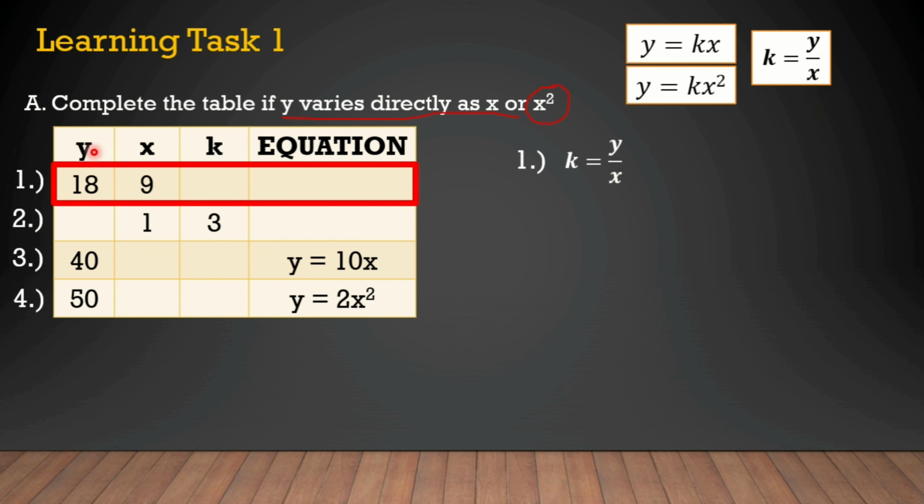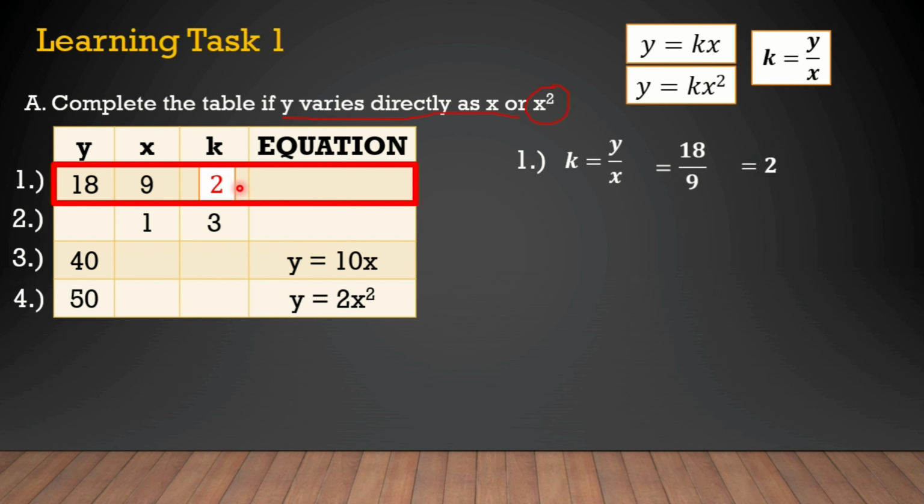Tapos, ipa-plug in lang natin or isa-substitute lang natin yung mga given sa y at saka x dito sa formula. So, ang y natin is 18, ang x is 9. So, 18 divided by 9 is equals to 2. So, yung 2, ito yung magiging constant of variation niya.